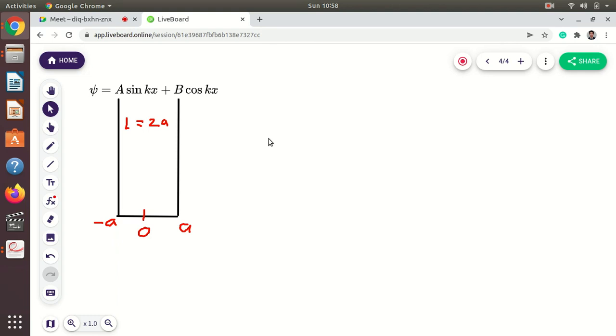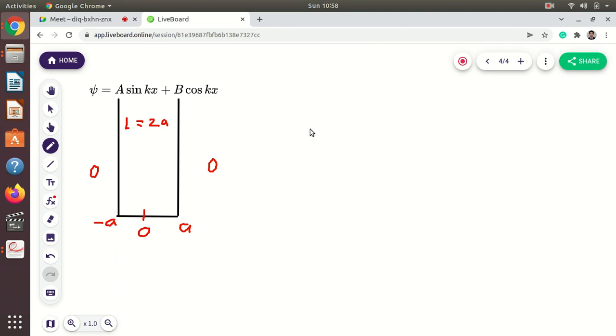So what will be the case now? Here again the case is the same. The value of the wave function is 0 at this point, and it is also 0 at this point. So I will put x equal to minus a and x equal to plus a.